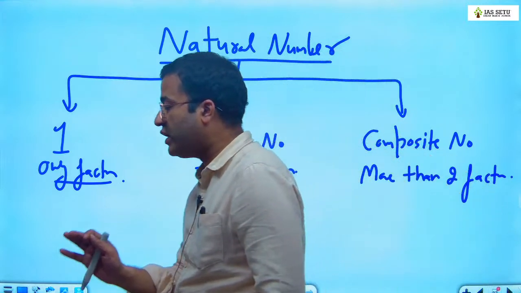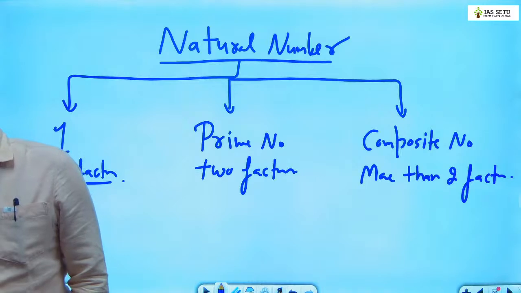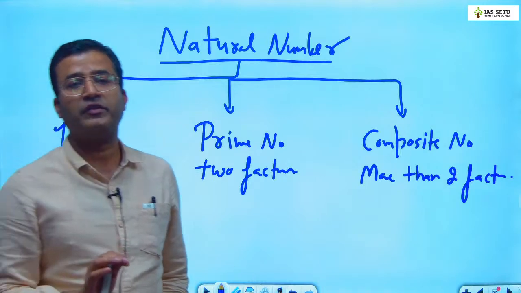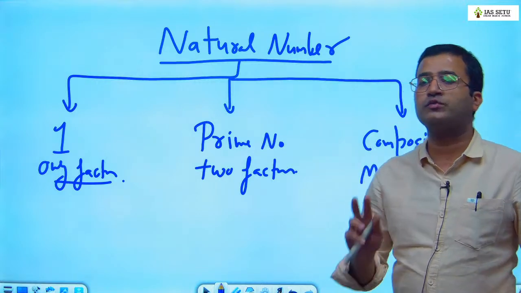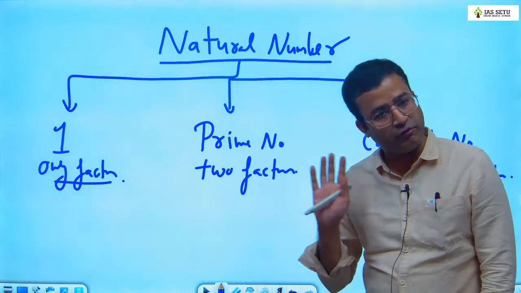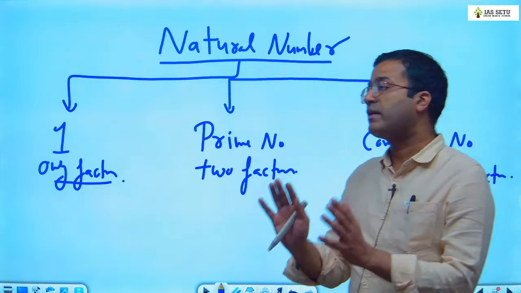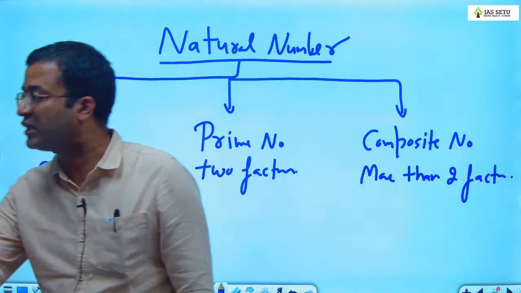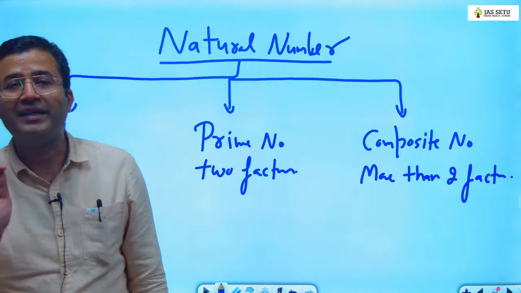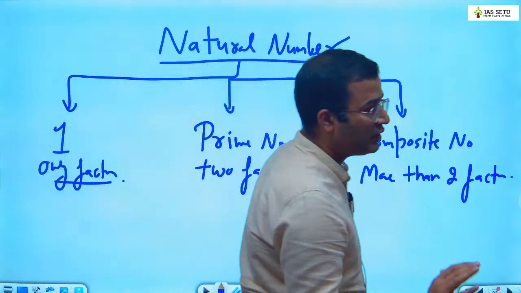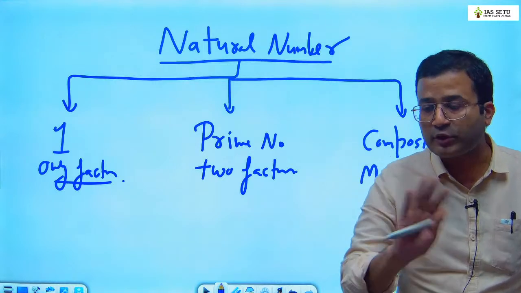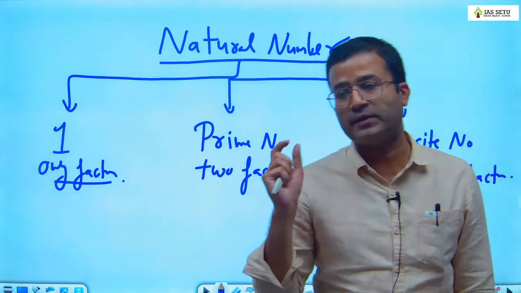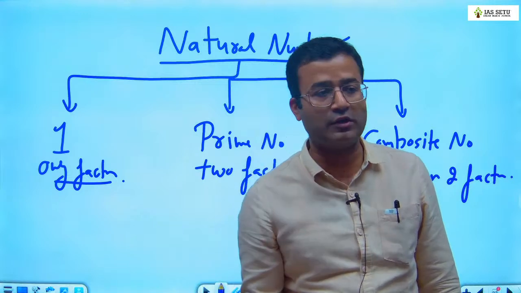School days: what we have done is we have a definition, but we have crammed the definition. Maybe you have crammed the definition of prime number: prime numbers are those which are divisible by 1 and itself only. Or you have crammed: prime numbers are those natural numbers which have exactly two factors. I tell you, definition is nothing. Definition is the language for a concept. You don't have to focus on the definition, you have to focus on the concept.